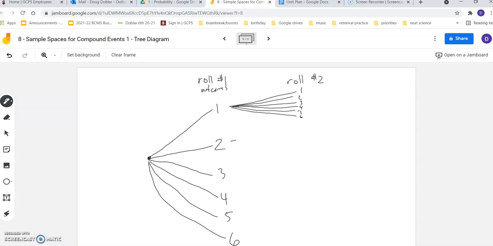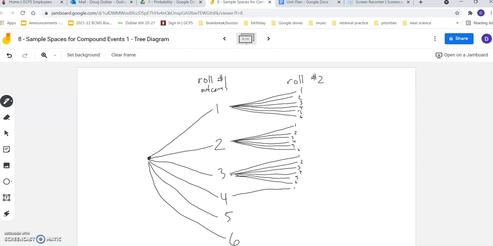If I roll a 2, 6 possible outcomes. 1, 2, 3, 4, 5, 6. If I roll a 3 first, what could I roll on number 2? Well, 6 possible outcomes. 1, 2, 3, 4, 5, 6, and so on.